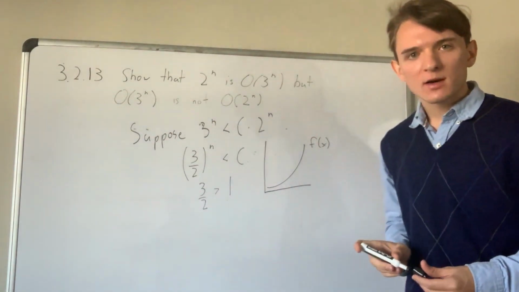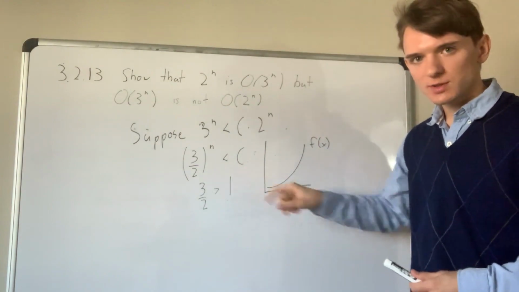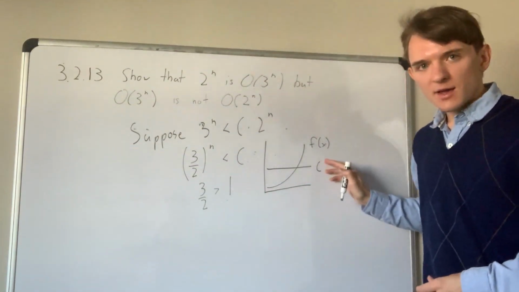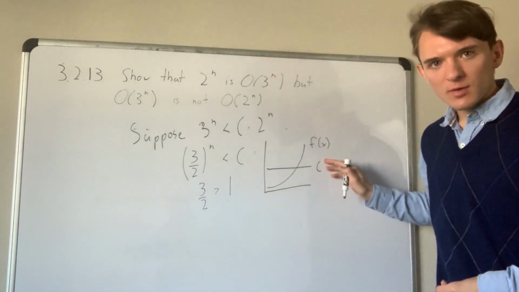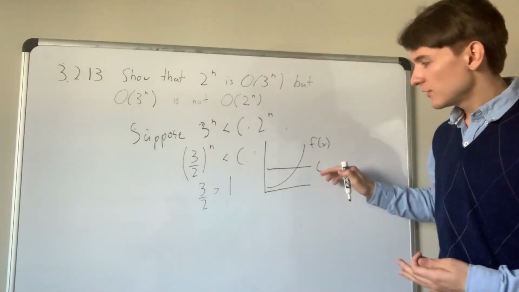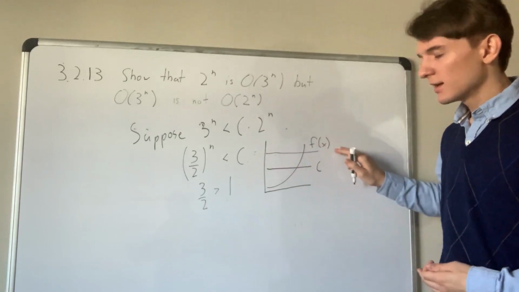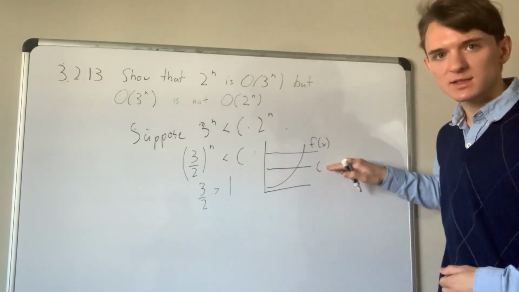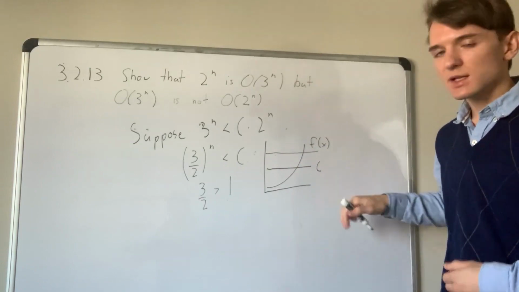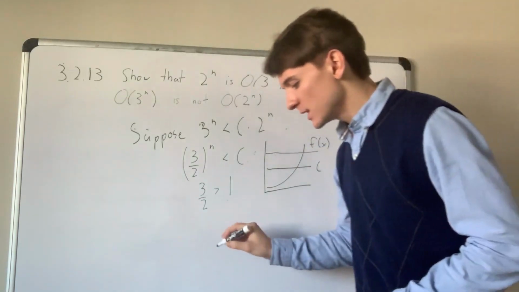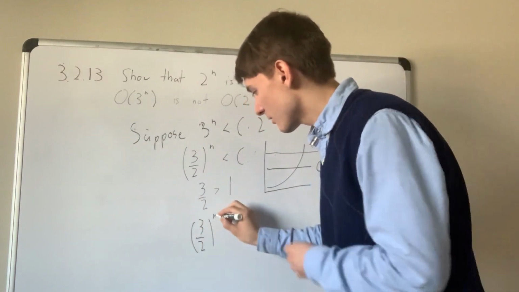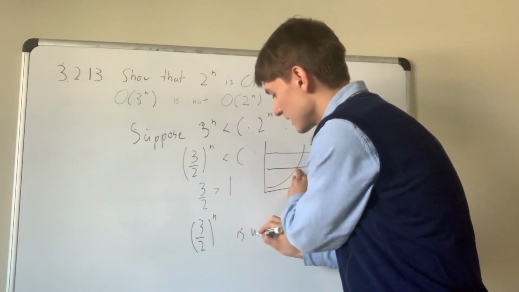No matter what constant for c we choose, maybe c is right over here, the function will always grow beyond the constant. So even if c were up here, the function will still continue to grow at some point and surpass the constant c. So since this is the case, we say that 3 over 2 to the power of n is unbounded.